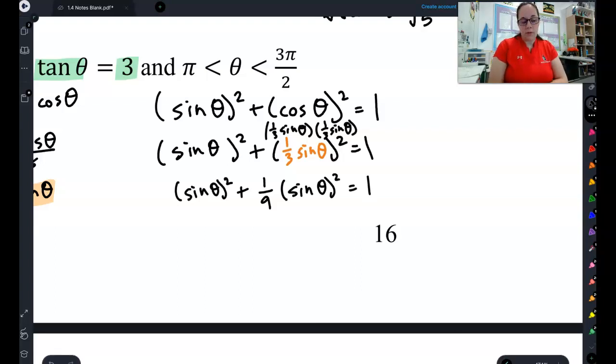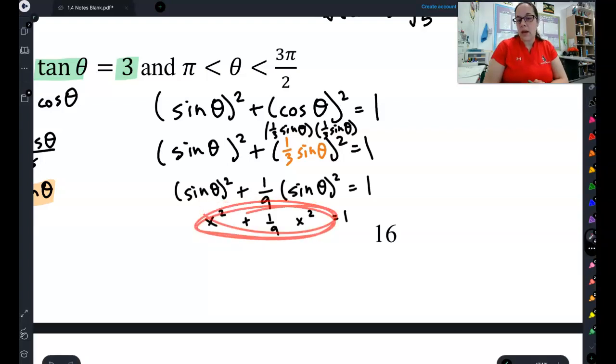Now, if this trips you up a little bit, instead of all these signs, think of this as x squared plus 1/9 x squared equals 1. If I write it like this, I can see that these are like terms that I can combine. X squared plus 1/9 x squared is 10/9 x squared.